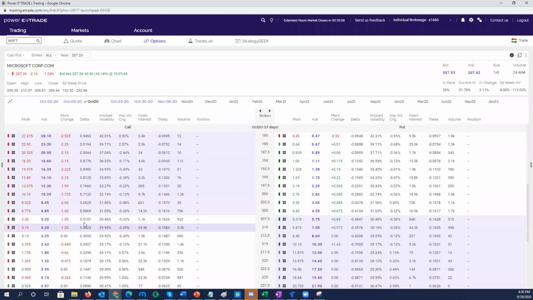So now if Microsoft moves to 210, that is 210 minus 207.26, about $2.75, suppose $3. If Microsoft moves $3 by the time it reaches 210, then 0.45 times 3 is 1.35. In each contract you get 1.35. If you have 10 contracts, how much are you going to get?